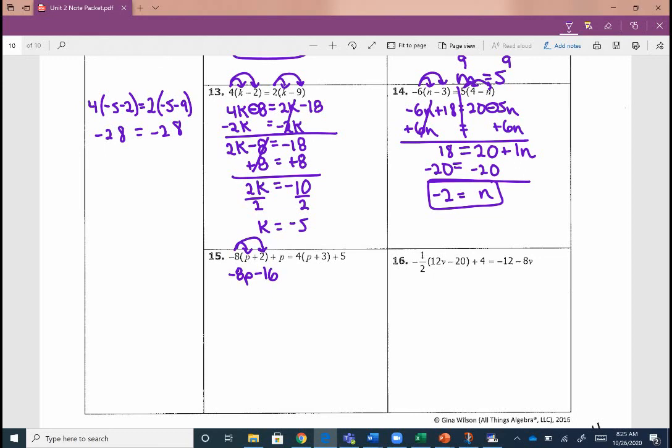So we have to make sure that we're multiplying everything, not just that first number or first variable. Now this one, this is as tough as we're going to go, guys. This is as many steps as we are possibly going to need.